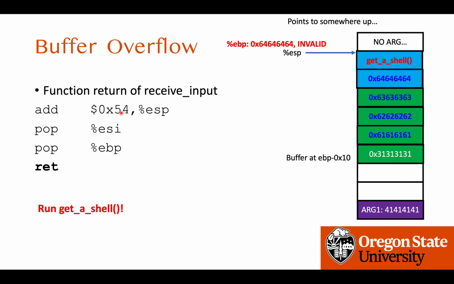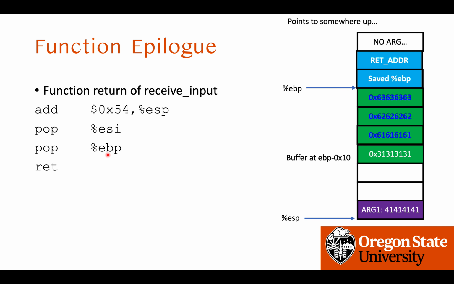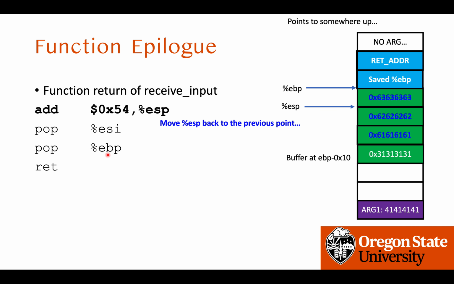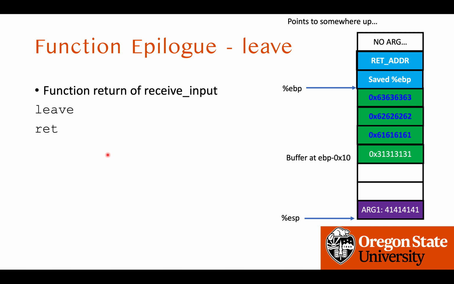These operations, restoring ESP and EBP, happen a lot when a function returns. At this point, let me introduce an instruction that does these 2 operations at once, instead of add ESP and pop EBP separately. That is the leave instruction.